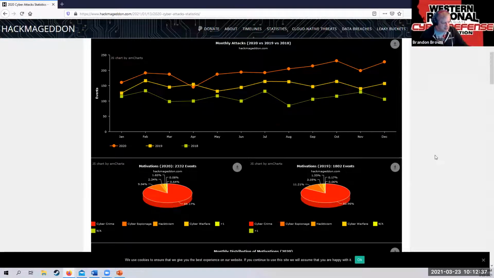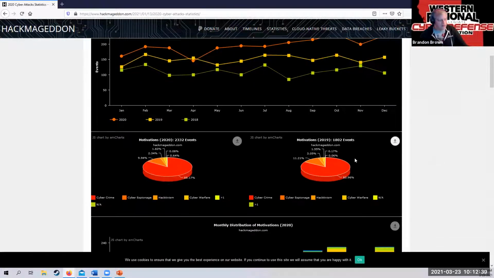So interesting to see stuff, but still, by an overwhelming majority, cybercrime is the largest category of motivation for malware, for cyber attacks, right? And the other ones, hacktivism is really low, right?